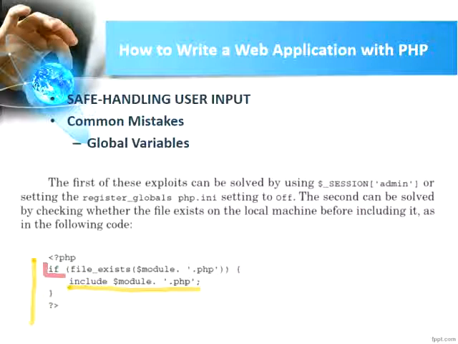To check whether the file exists on the local machine, we use file_exists. So file_exists is a predefined function in PHP, and the role of this function is to check if the file exists on the local machine. This is the solution. Any questions?